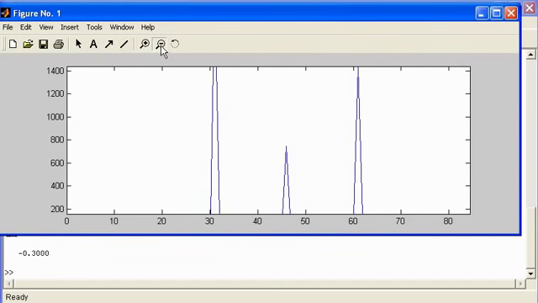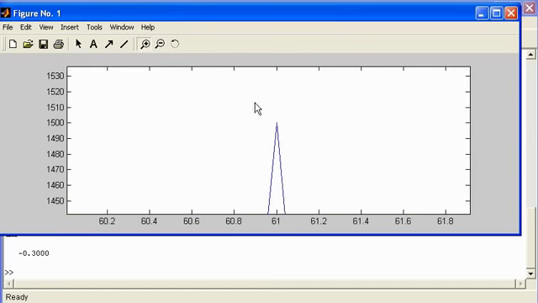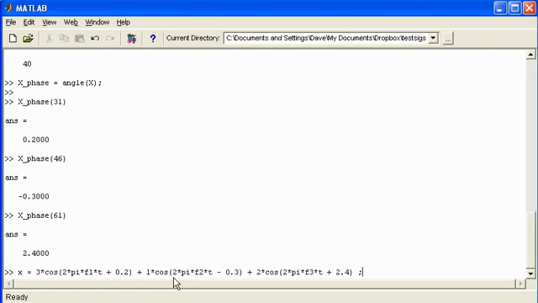Its bin number is 61. Let's get the phase value associated with that: 61, so 2.4. Let's remind ourselves what x is again, and we can see that the phase value of the highest frequency component is 2.4, which matches this.